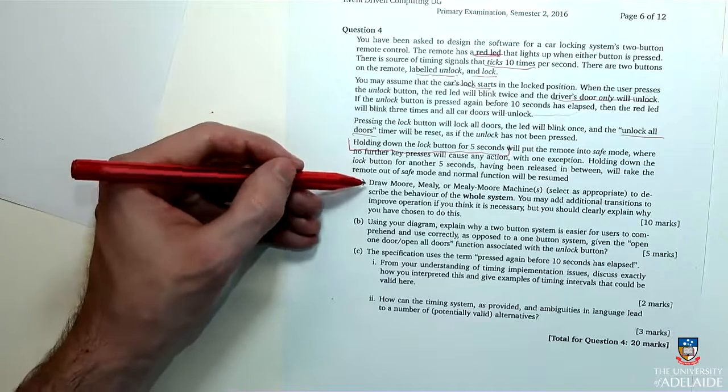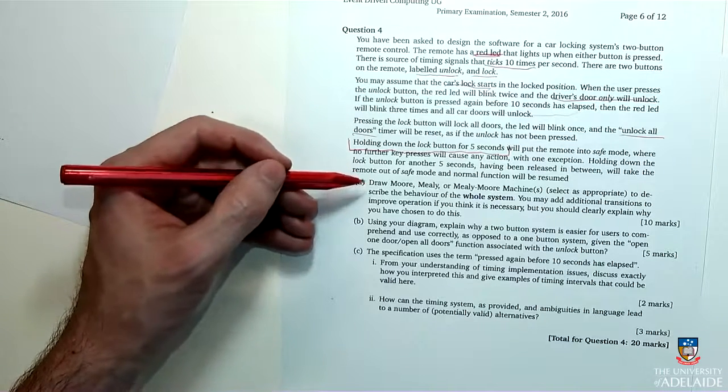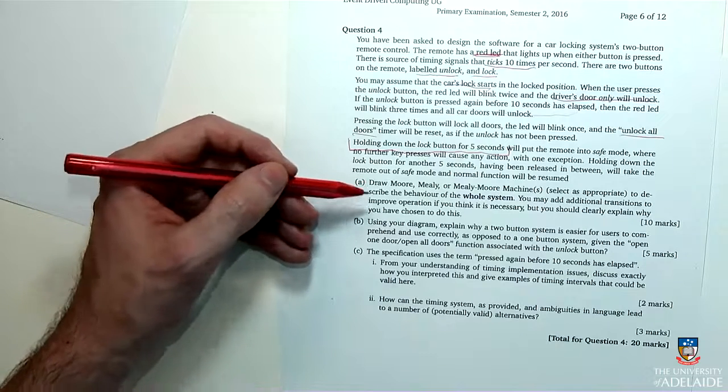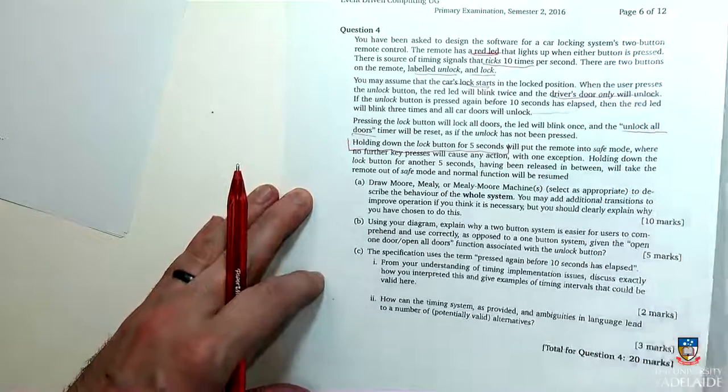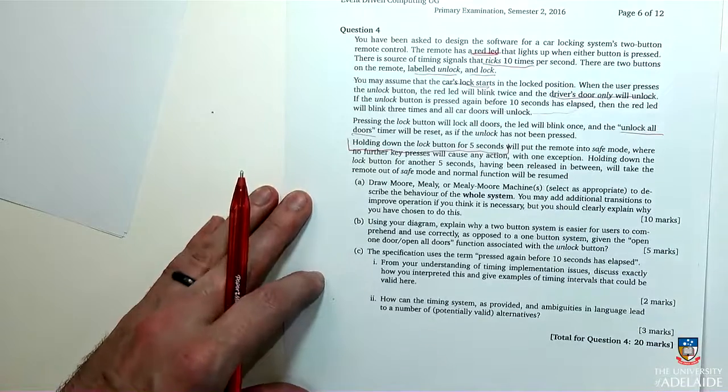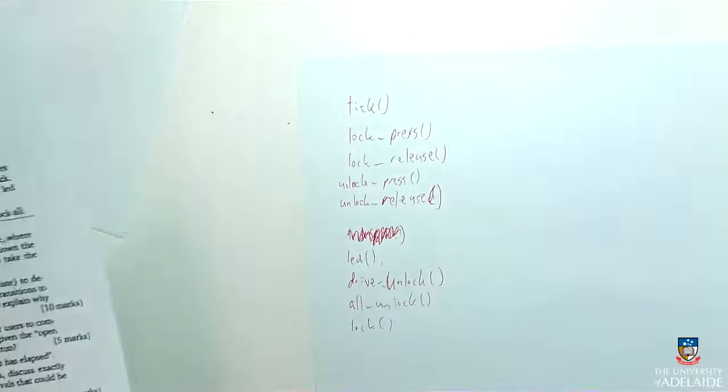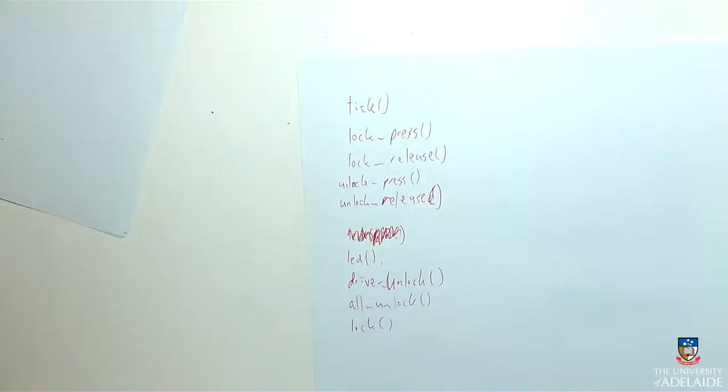So there is a good chance that you will be explicitly told draw a Moore diagram, or draw a Mealy diagram, or draw a Mealy-Moore diagram, and you need to draw the right one. So this question happens to say choose what you think is most appropriate. It's possibly because the system is so convoluted and complex that they've gone, you know what, choose whatever's appropriate, because this is really complicated.